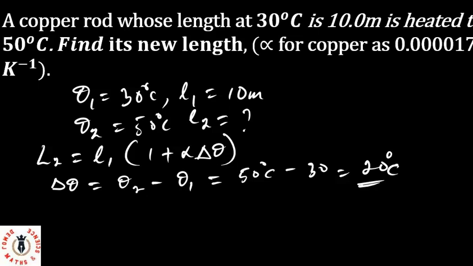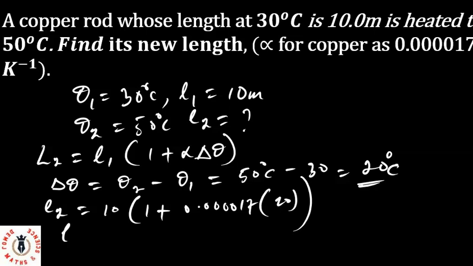Now if my change in theta is 20 degrees Celsius, I can solve for L2. My L2 will become L1, which is 10 meters, into 1 plus alpha, which equals 0.000017, into 20.